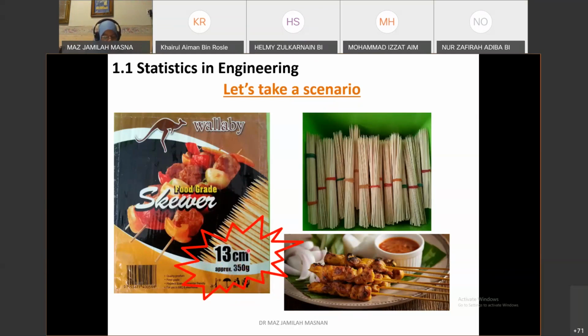Yes, the length of the skewer, from the bottom to the edge here, it should be 13 cm. Let's say this company is called Wallaby. Wallaby company says that the skewers they are producing are 13 cm in length. Is it true? Let us see.